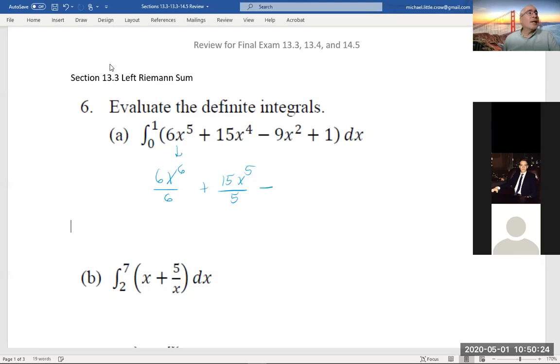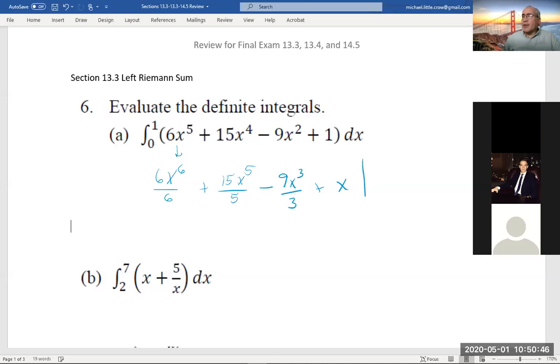This will be 9x to the 3rd, because 2 plus 1 is 3, again, divided by 3. And the last one just becomes x, because it's a constant integrated, or 1x if you want.